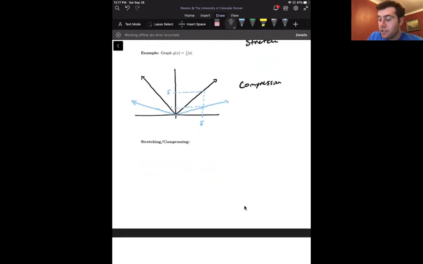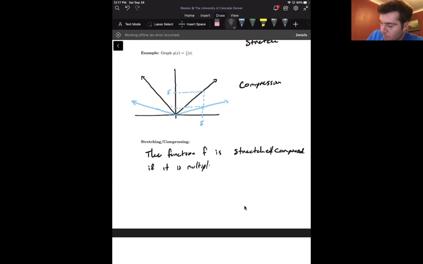And so a stretching or compressing is just a constant times our function. So the function f is stretched or compressed if it is multiplied by a constant a.